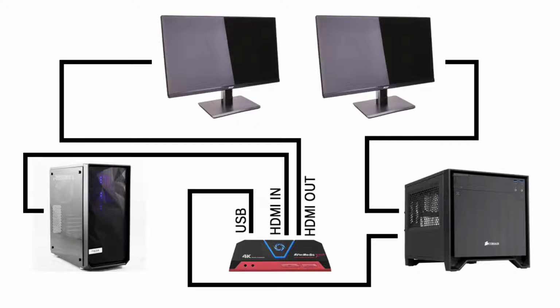There's an HDMI cable going from the graphics card on my gaming computer on the left into the HDMI in port on the AverMedia capture card. And then the HDMI out has an HDMI cable going from that to my monitor on the left, which I use to see what's going on my gaming computer. Now, the only problem with this setup is that I need both computers on for me to see what's going on my gaming PC.